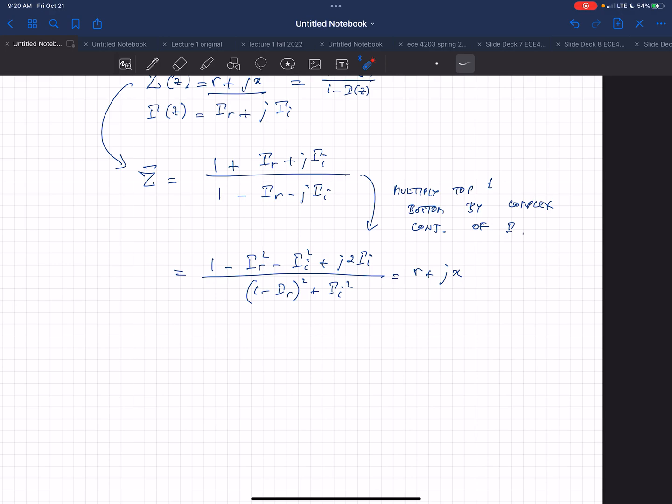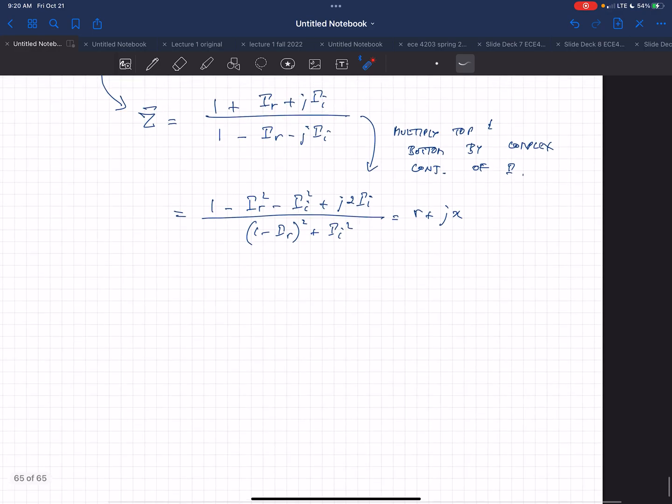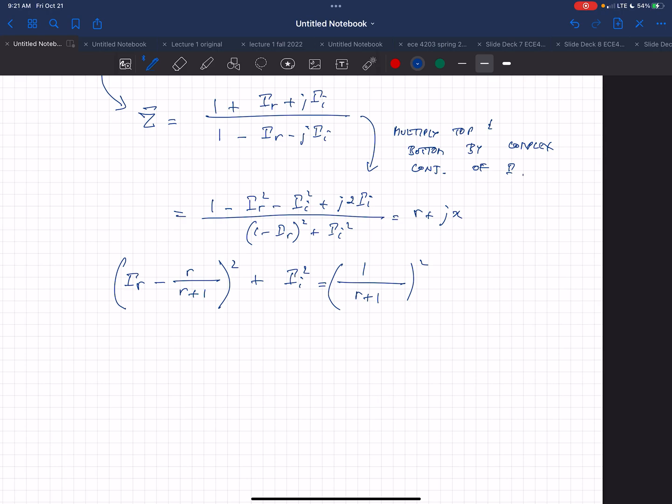Basically, you end up with a couple of solutions to this using this bilinear transformation. That is, gamma sub R minus R over R plus 1, squared, plus gamma sub I squared, is 1 over R plus 1, squared.